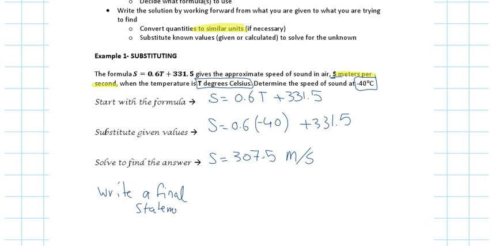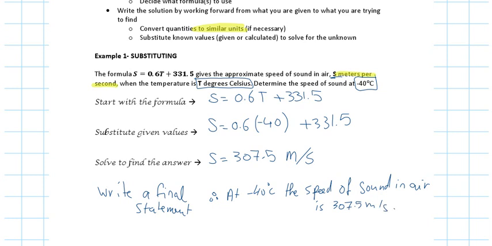So you're going to write: therefore, at negative 40 degrees Celsius, the speed of sound in air is 307.5 meters per second.